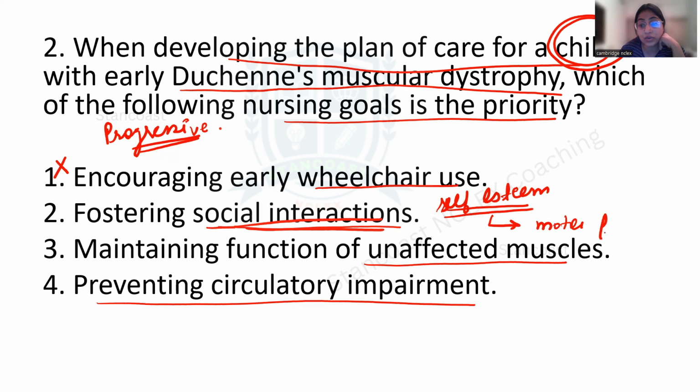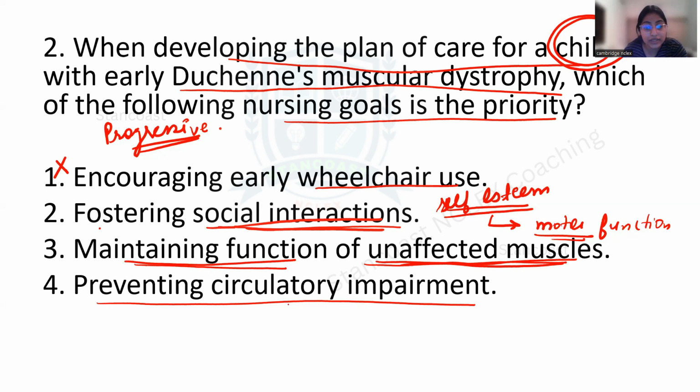Clearly, motor function stability will lead to good self-esteem. So we have to maintain function of unaffected muscles. As some muscles are still unaffected, we have to promote and maintain the functions of those. If we maintain functions of unaffected muscles, there will be an increase in self-esteem of the child, and this will foster social interaction.